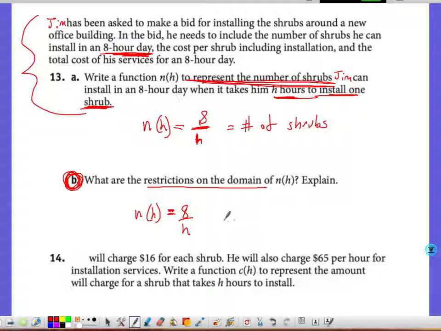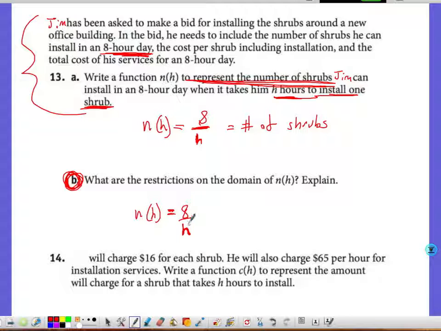Basically, that's asking what values I can plug in. h is my variable, so I can plug in any number here for h. h stands for the number of hours, so you're looking for what numbers I can put in for h.